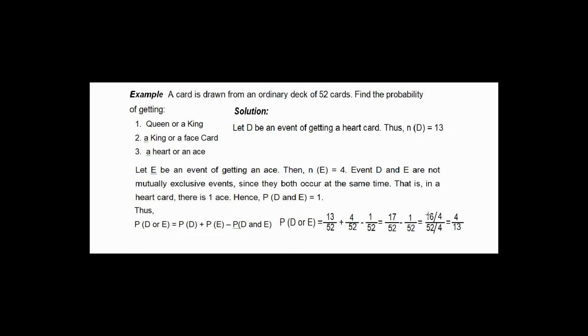So our result will be 16 over 52. Since both of them are divisible by 4, we will trim down into smaller numbers. 16 divided by 4 is 4, and 52 divided by 4 is 13. So the result for P(D or E) is equal to 30.77%.